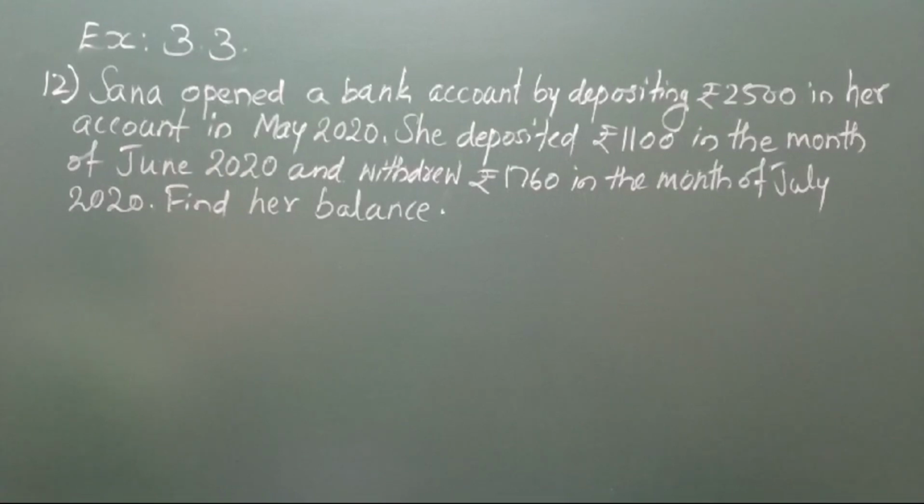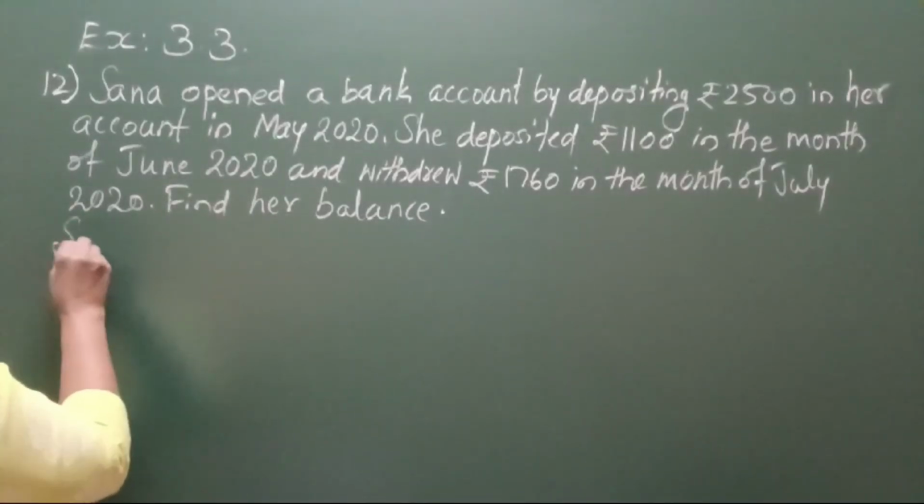Find her balance. That is the question. So Sana's first deposit is 2,500. Second deposit is 1,100. So we'll write the solution.